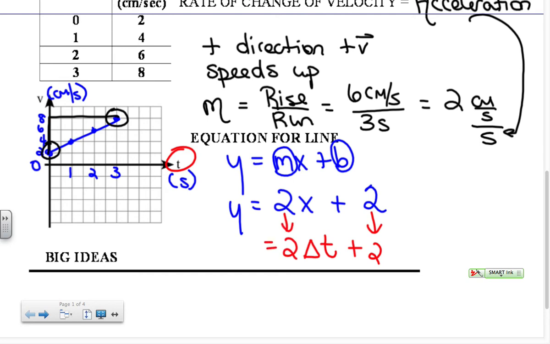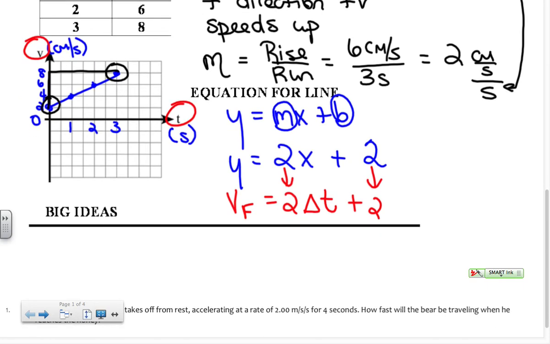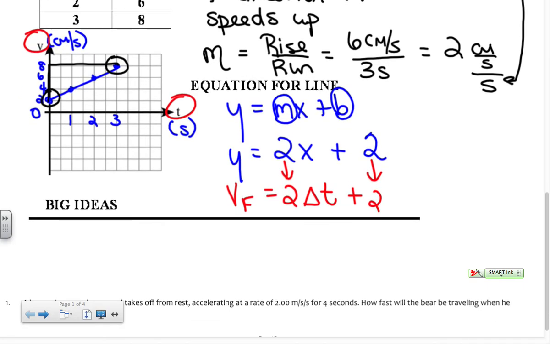And my y equals is what's on the y-axis. In this case, it's velocity. However, it's not the initial velocity, it is the final velocity. This should look familiar because we've done something similar to this, except in an xf equals equation where it was a position time graph.